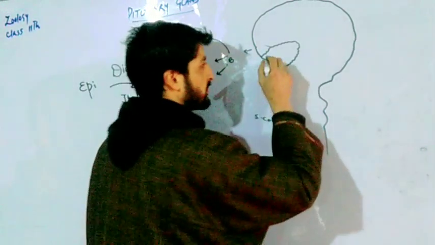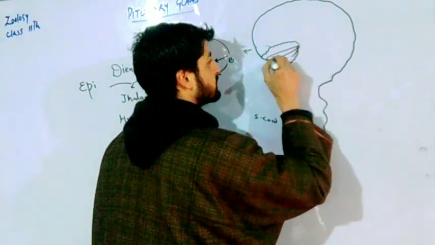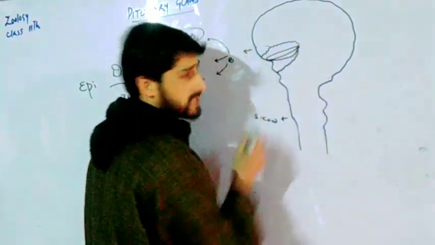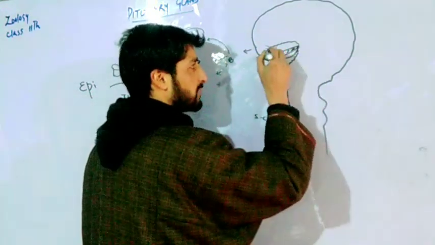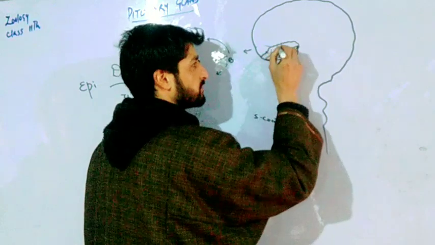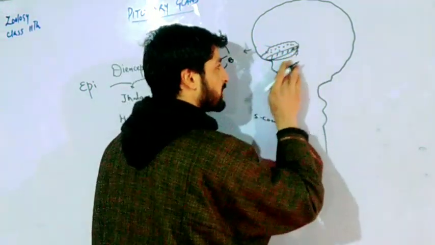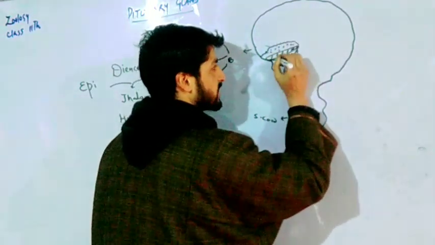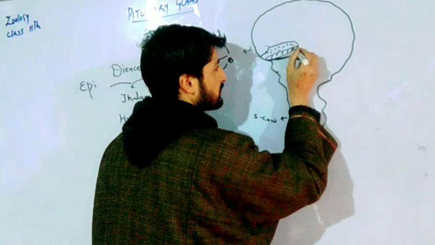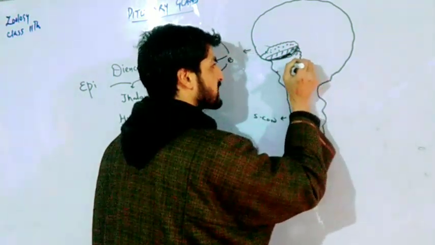Let me draw here. Let us assume this region be the thalamus here in the diagram. Above thalamus there is another region, the epithalamus, and attached with the thalamus is the third structure.